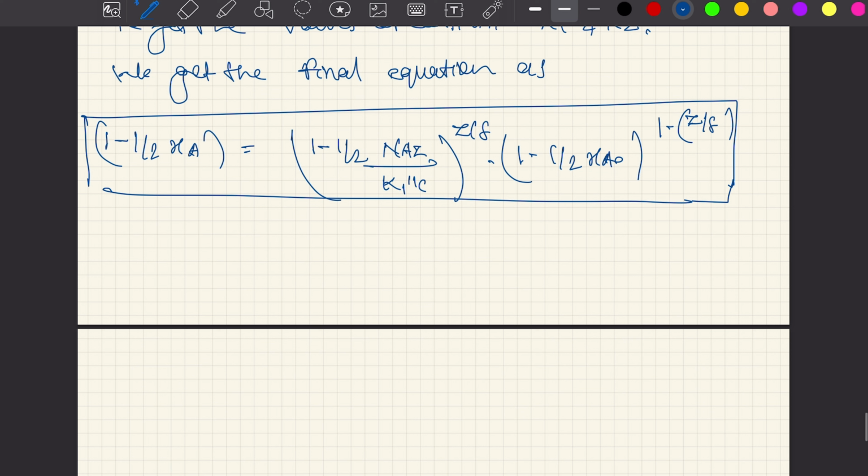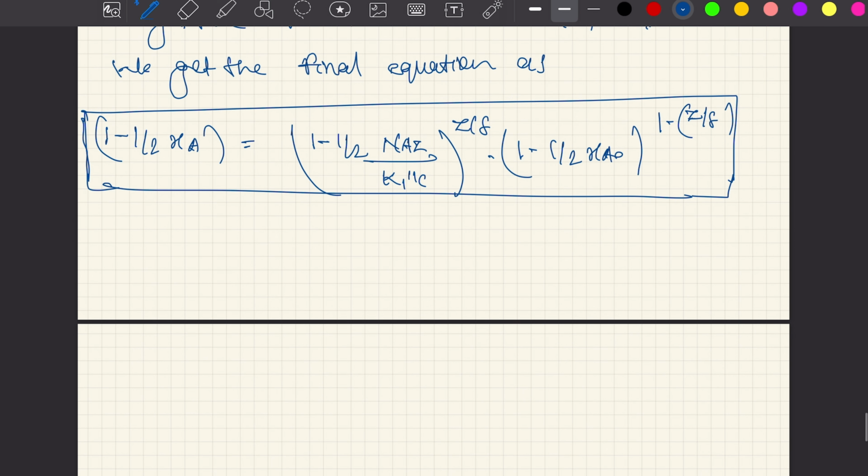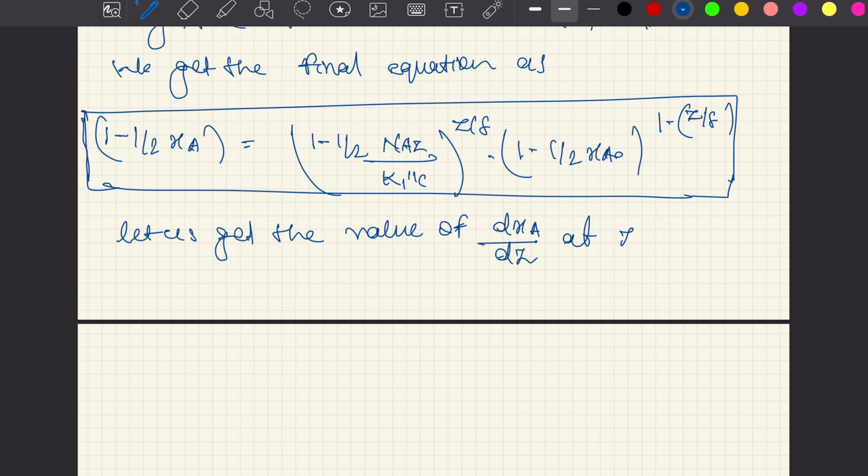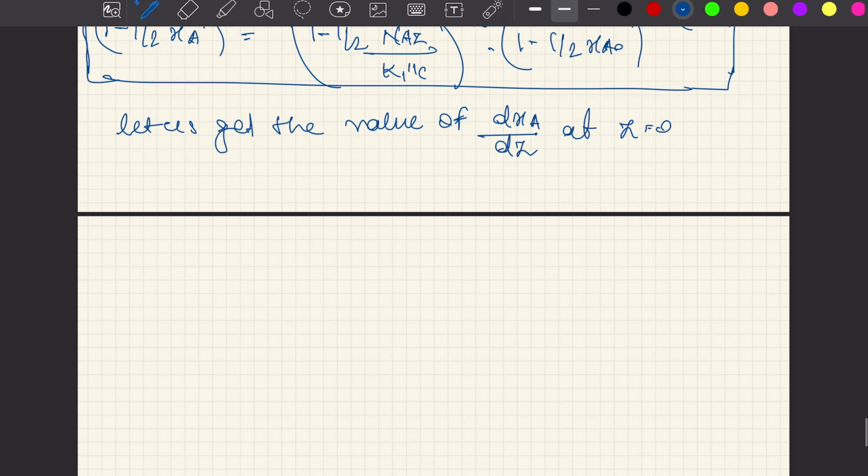Now for the concentration profile, let us get the value of dx_A by dz at z equals to 0.